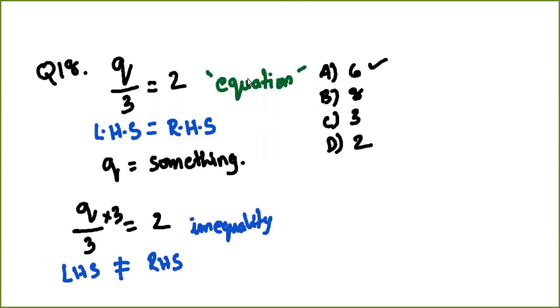So in order to make this an equation, I should also multiply the RHS by 3. And when I do that, remember, this is mathematics. If I multiplied one side by 3 and the other side also by 3, and those sides were to begin with equal, then now the LHS and RHS are equal again. So now I have restored it back to an equation status.